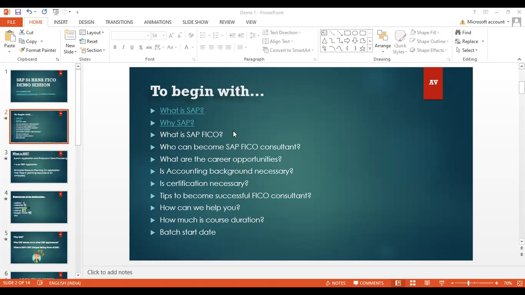What are the career opportunities? When we talk about career opportunities, in SAP there are two roles. One role is the end user. The end user is somebody who will be entering transactions in SAP.